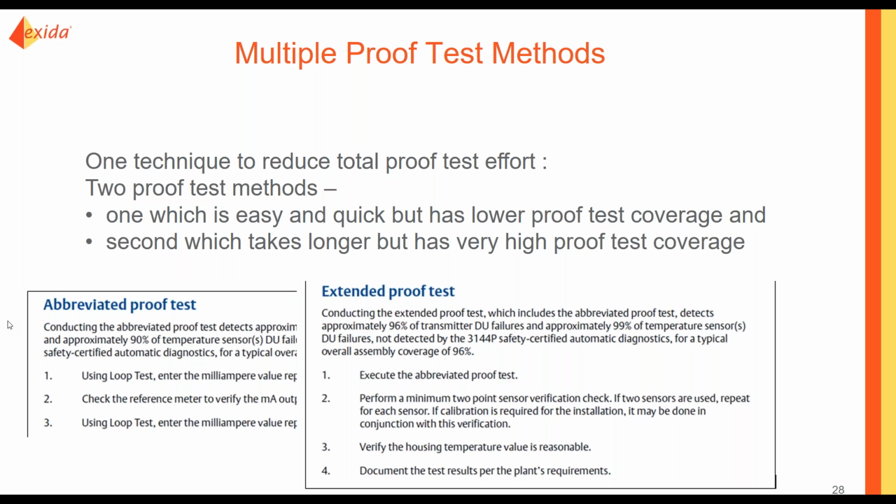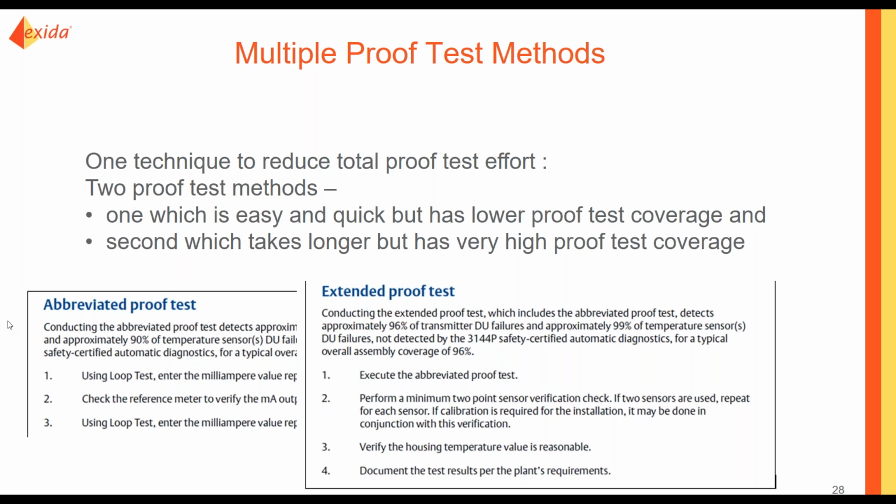This test exercises the device output over the full range plus over range and exercises most of the microcomputer systems. However, the sensing element is not tested in the abbreviated proof test.